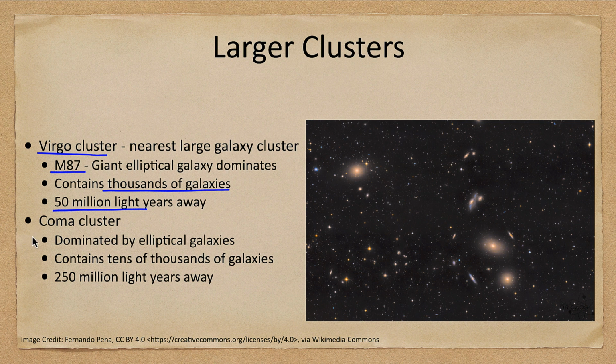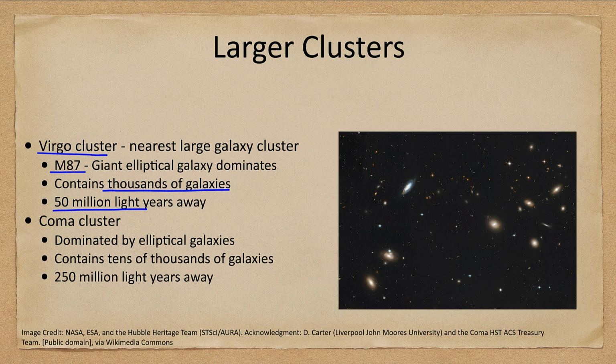We can see even larger clusters such as the Coma cluster, and that is also dominated by the elliptical galaxies. And it's much larger, containing tens of thousands of galaxies, and is 250 million light years away. So clusters get very, very large, and we're going to see even larger structures as we continue.